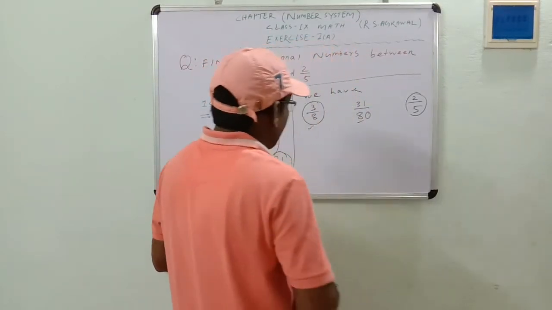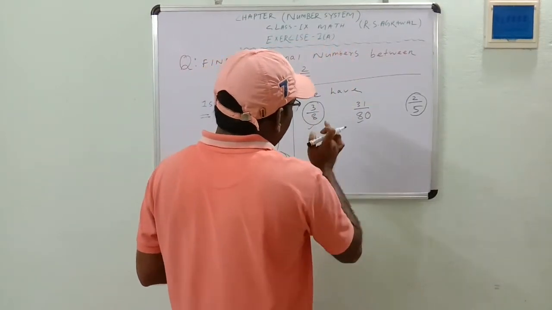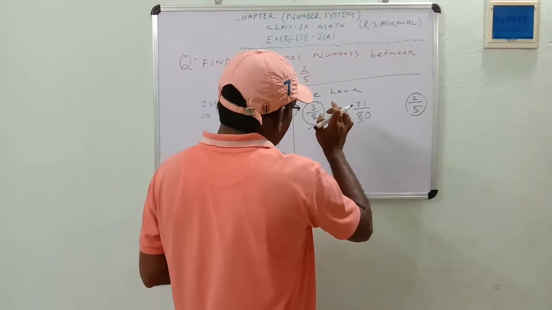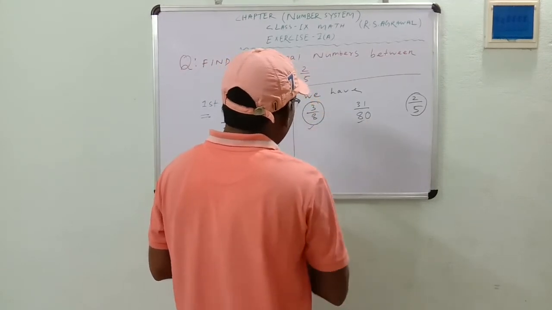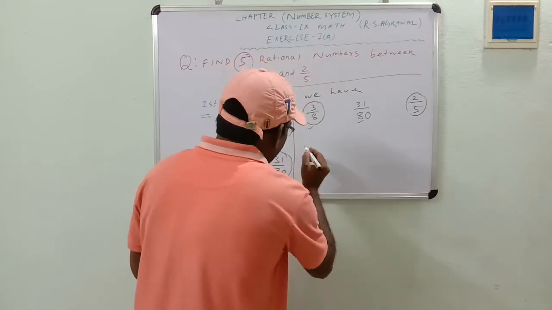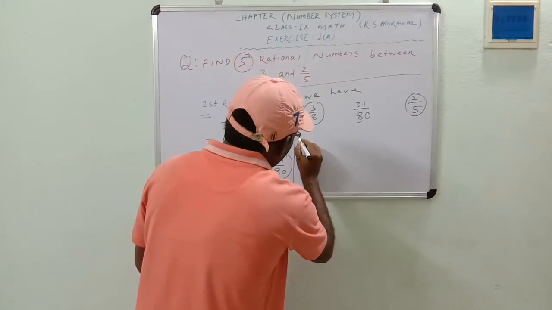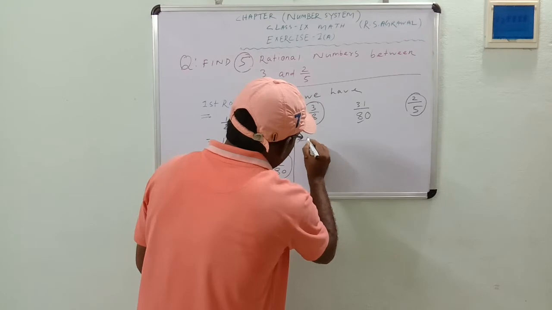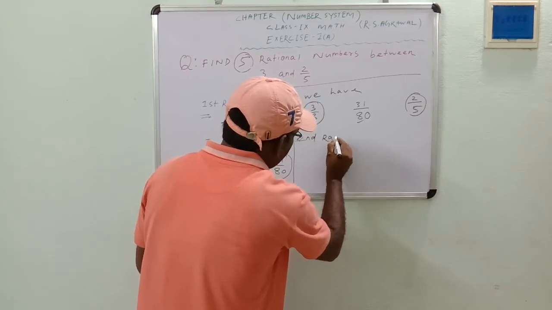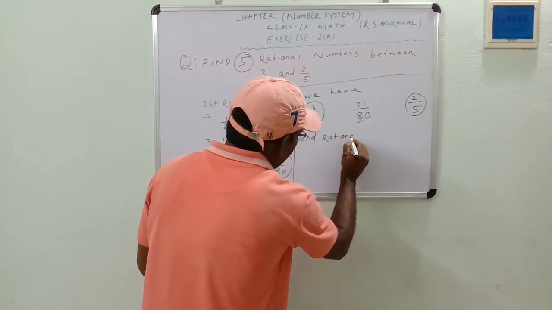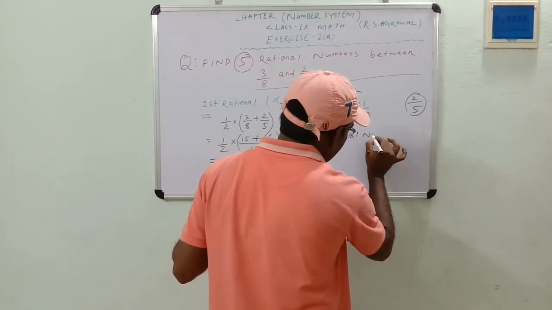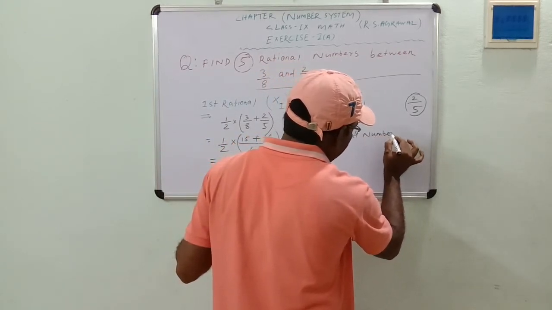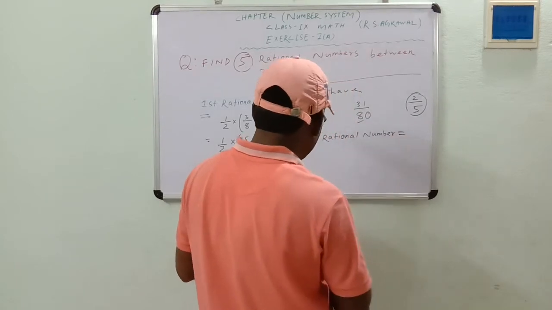So find the middlemost, or the rational number between these 2. Use the same formula. The second rational number, suppose it is x2.